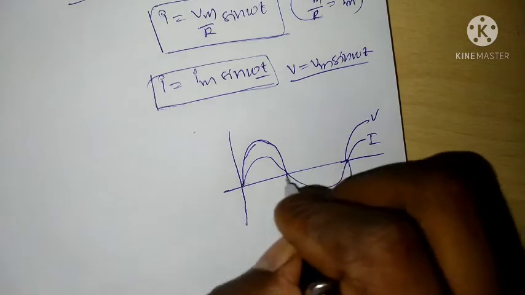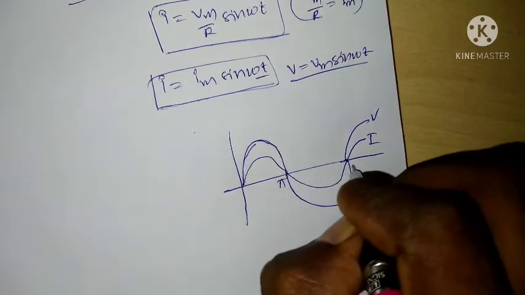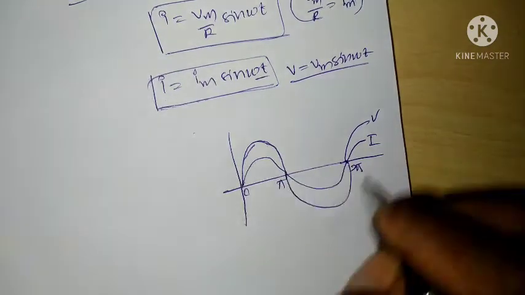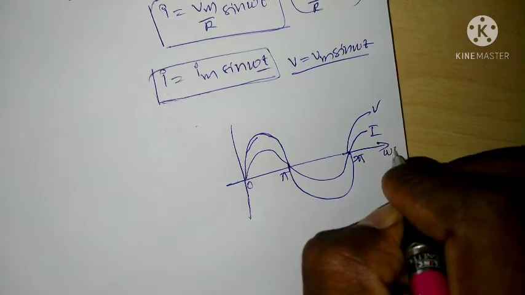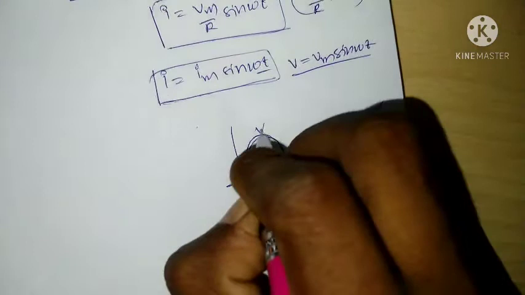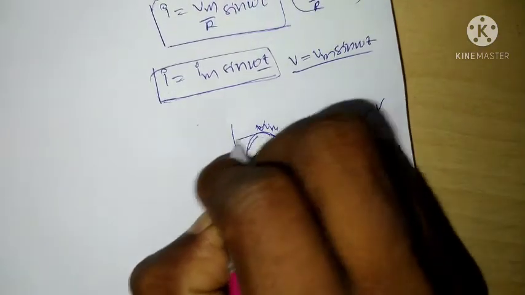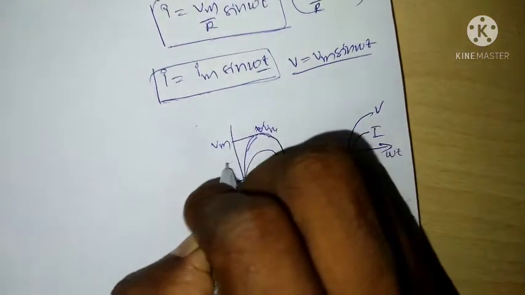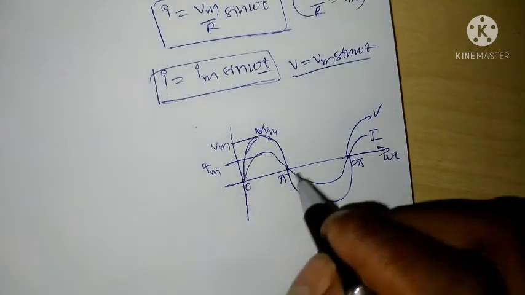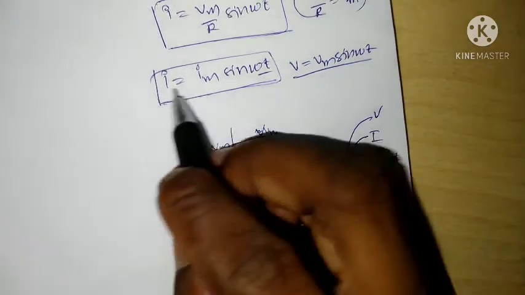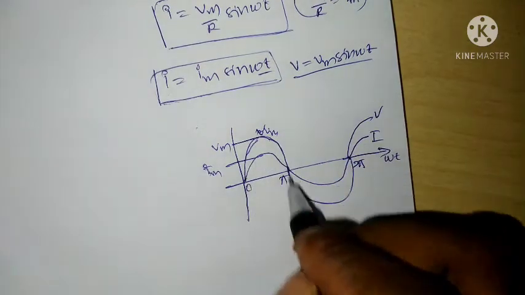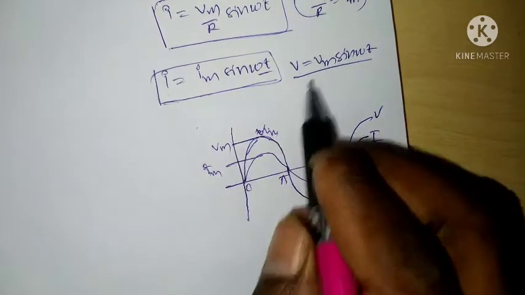The phase axis runs from 0 to 2 pi with respect to omega t. Here Vm is the maximum voltage and Im is the maximum current. According to the formulas I is equal to Im sin omega t and V is equal to Vm sin omega t, this is the sine wave for current and voltage.